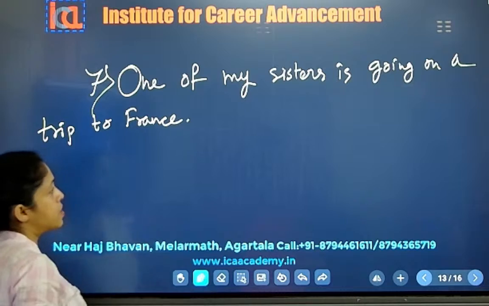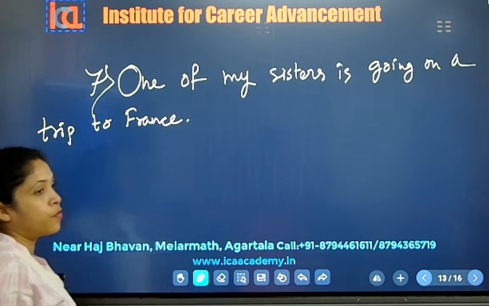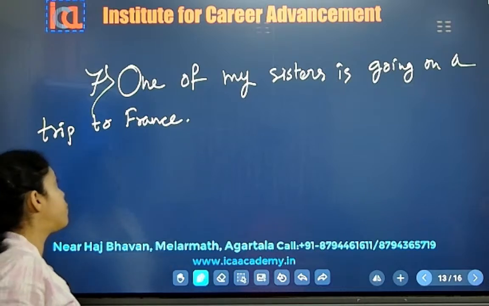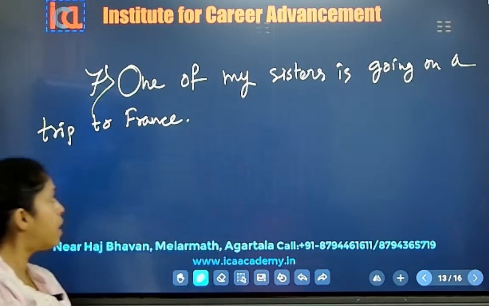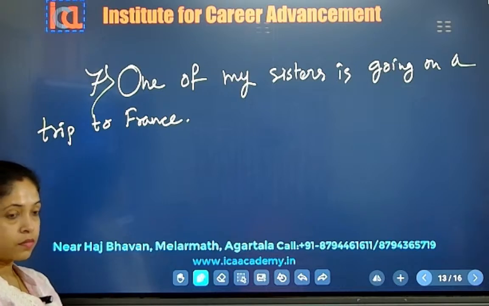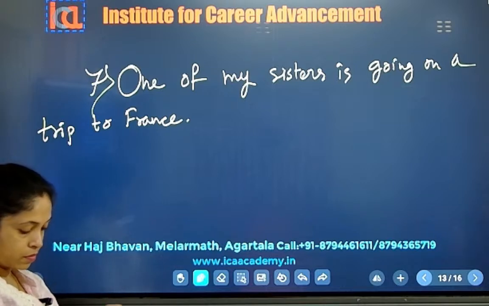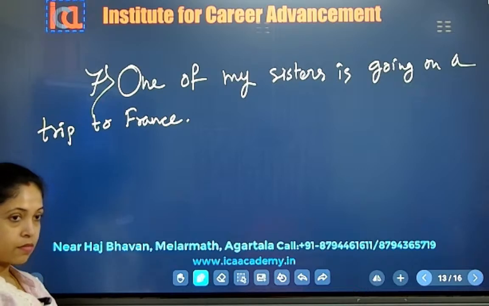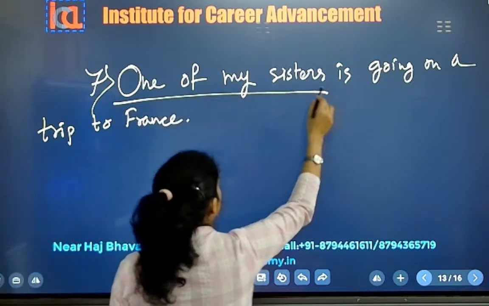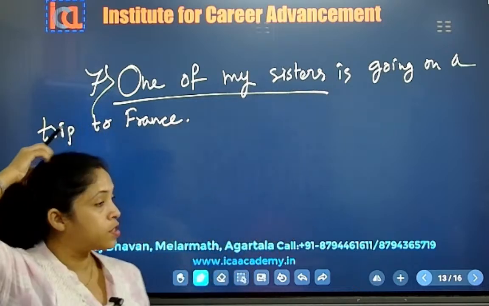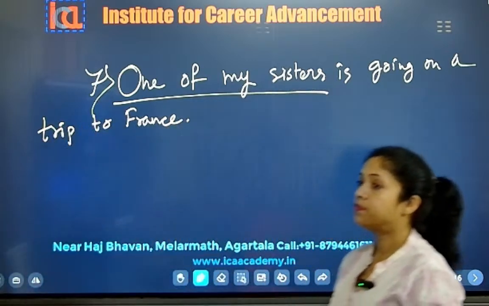One of my sisters is going on a trip to France. I know that you know the answer, but first of all, you tell me which part is the subject here. One of my sisters is the subject, but which word should we focus on to use the verb?